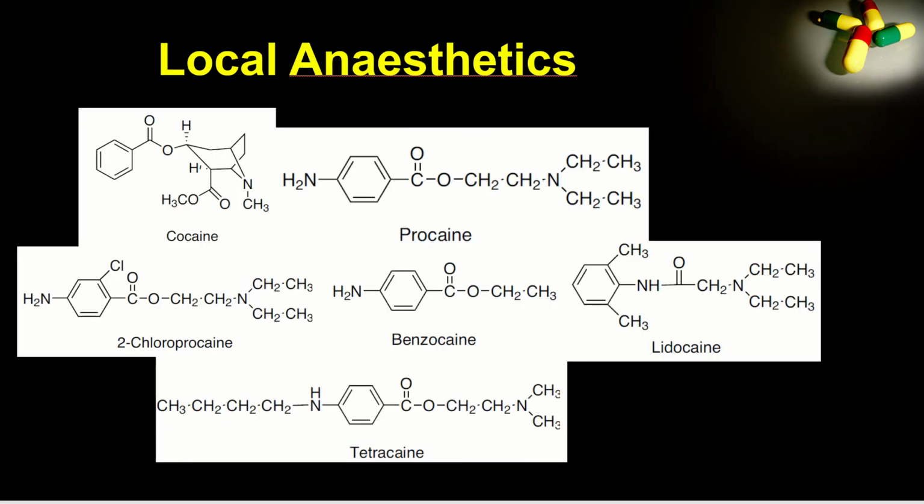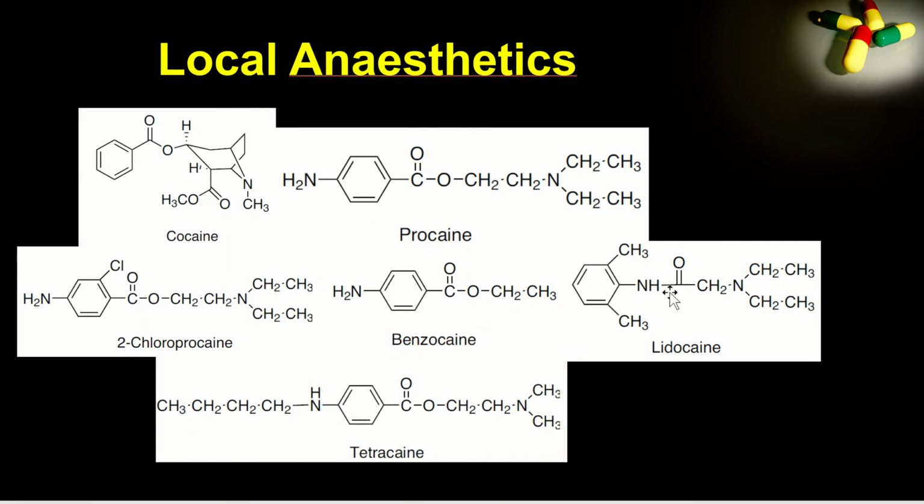So these are some examples of local anesthetics, and it's really your job just to look at them and identify the structure activity relationship components, right? So we have our ring, we have our donating groups in the para position, we have our ester mainly here.